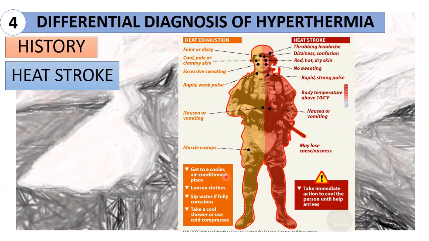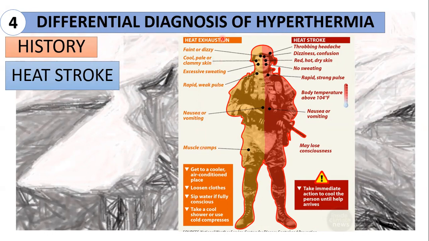So for our military, please take note of these signs and symptoms that serve as red flags of heat stroke, from fainting or dizzy feeling, cold or pale clammy skin, excessive sweating, rapid weak pulse, nausea or vomiting, and muscle cramps.